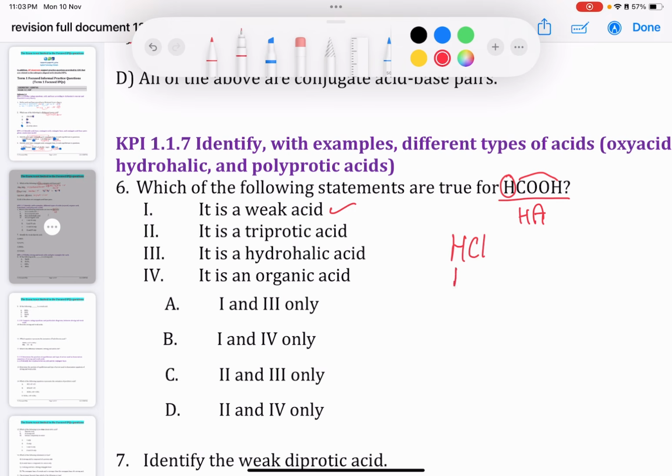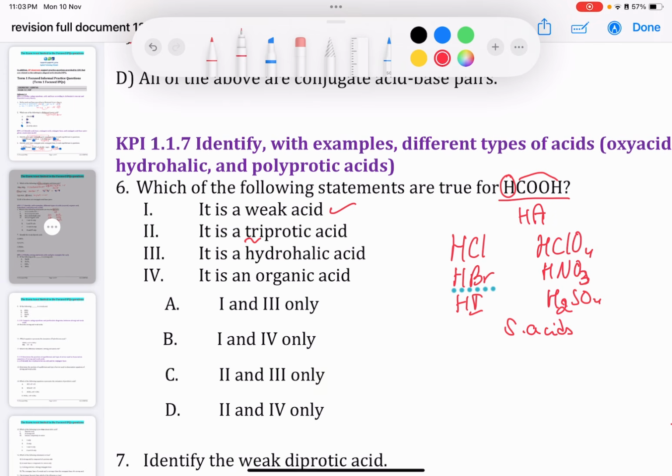They're HCl, HBr, HI, HClO4, perchloric acid, HNO3, nitric acid, and sulfuric acid. This is the most known list of strong acids. So this one is definitely a weak acid because it's not part of this list.